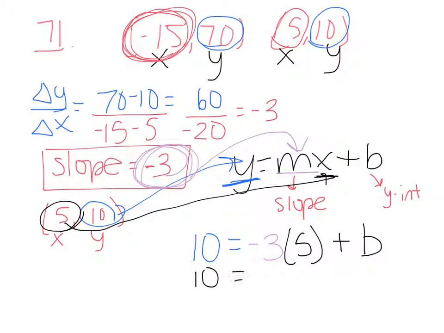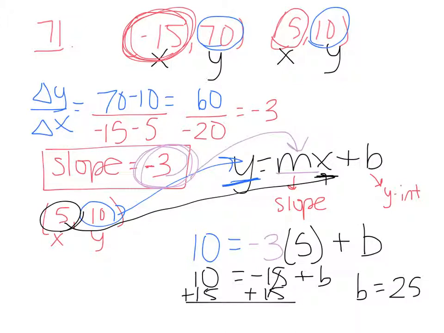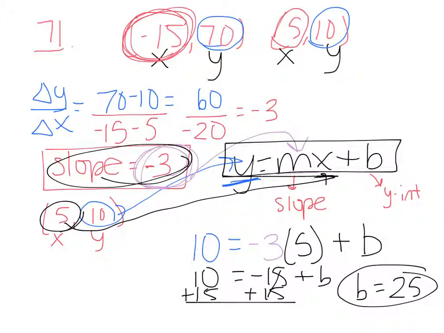So we'll take negative 3 times 5 to get negative 15 plus b, and then we'll add 15 to both sides. So b is equal to 25. Once we know the b and the slope, we have everything we need to plug back into the y equals mx plus b equation. So our equation will be y equals negative 3x plus 25.